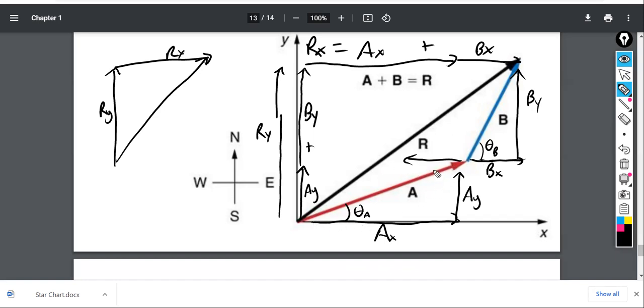So in general, adding two vectors A and B can be solved by resolving the vectors into x and y components, adding up the x's to get the net x, adding up the y's to get the net y, and then recombining that and using Pythagoras' theorem to solve for it like this. Okay, and then just solving for r using a squared plus b squared equals c squared. That's the same thing as that. It just looks a bit different.